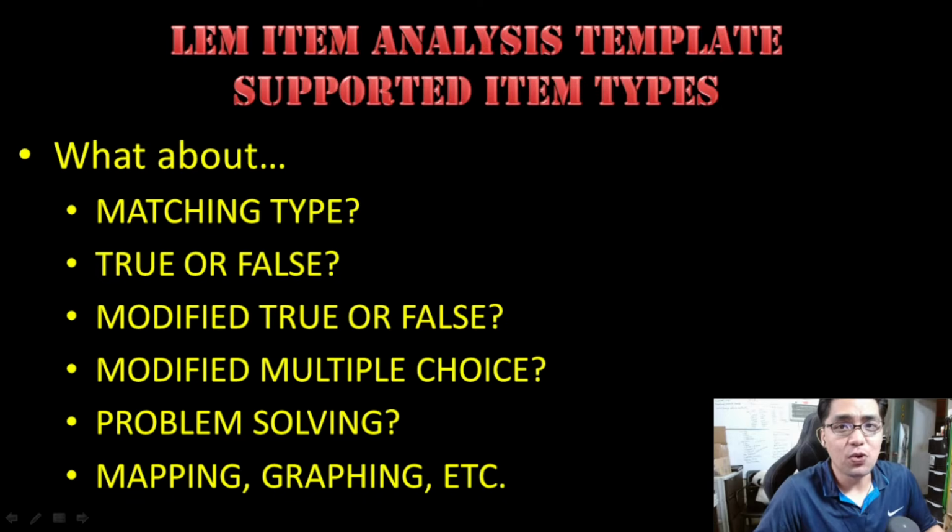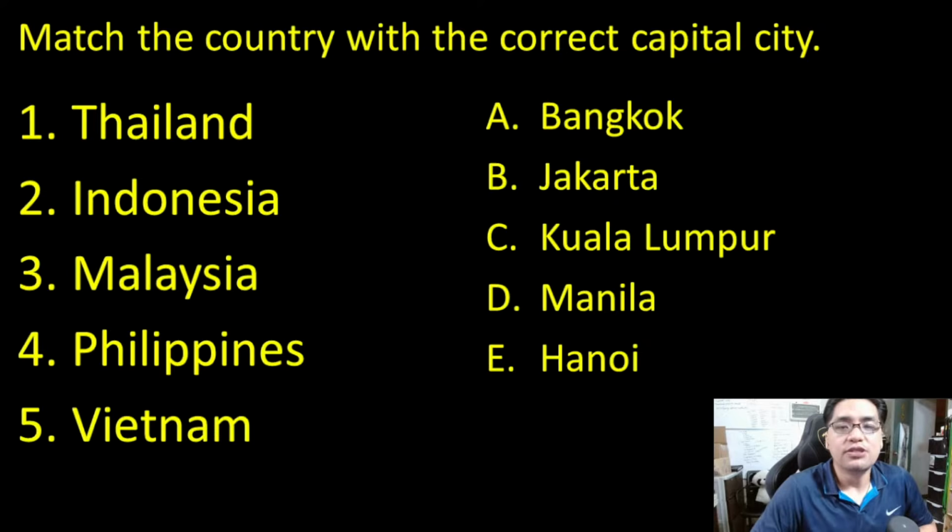In case you didn't know, matching type is just a summarized version of a multiple choice question. On the screen right now, you have a very simple matching type question. Match the country with the correct capital city. On the left, you see your countries, and on the right, you see your capital cities. Say, for example, the first item is Thailand. The correct answer for that would be, of course, A, Bangkok.